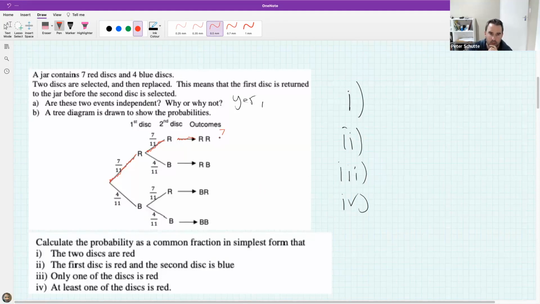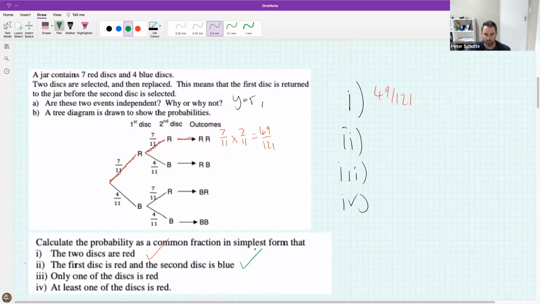I think it's just going to be that. Yeah. So the very first one is just going to be this branch, and I multiply the probabilities, and I get 49 out of 121.